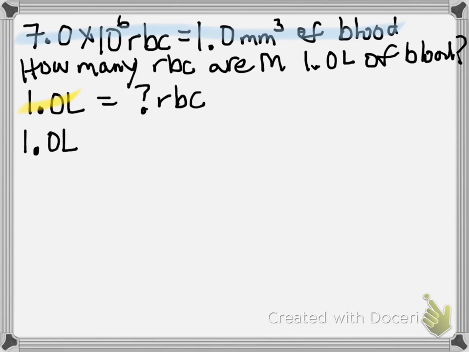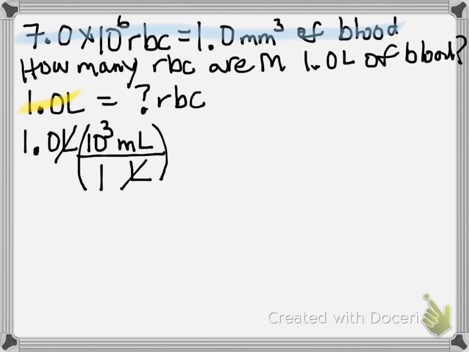Again, to use my blue conversion factor here, I have to be in millimeters cubed. So I'm going to go from liters to milliliters. And a liter is 1,000 or 10 to the third milliliters.